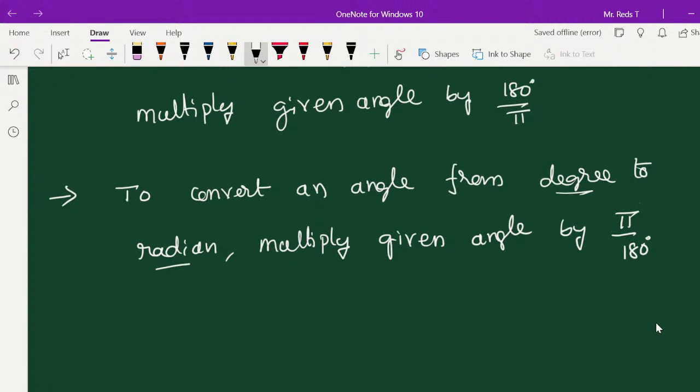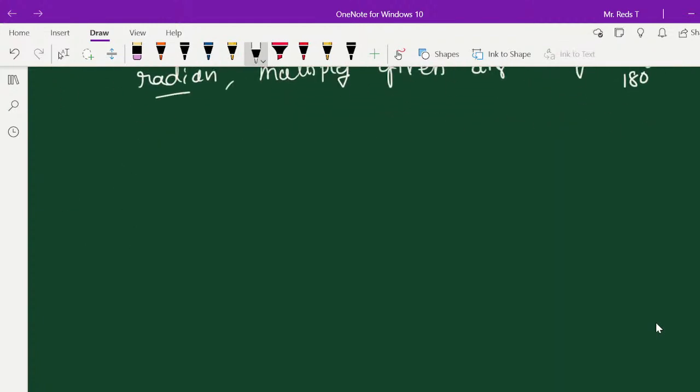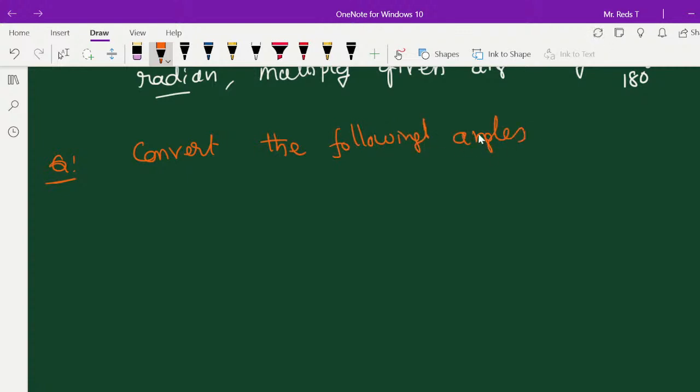Let us see with a few examples here. Write down a simple question, in question form: convert the following angles into radian.